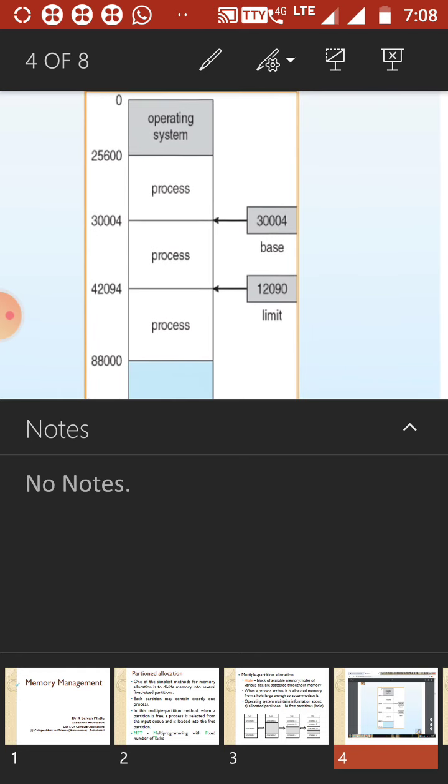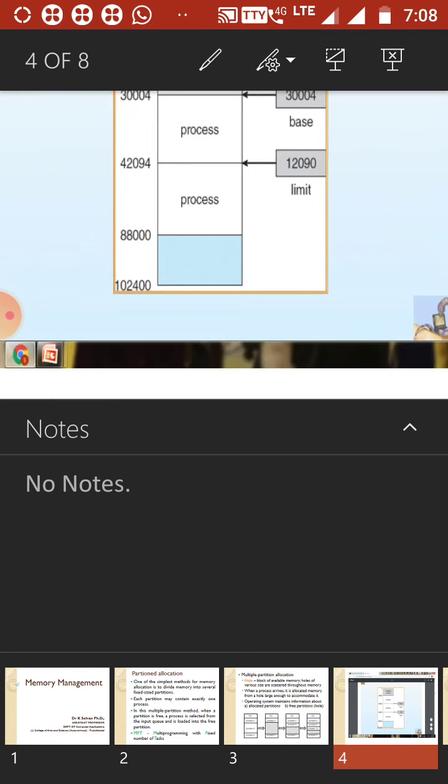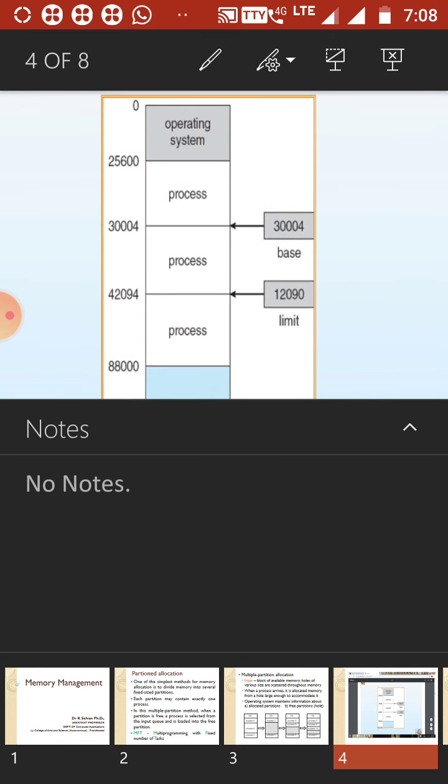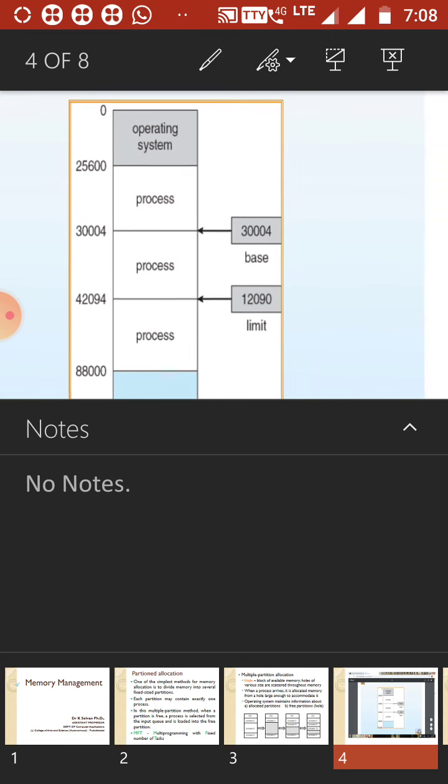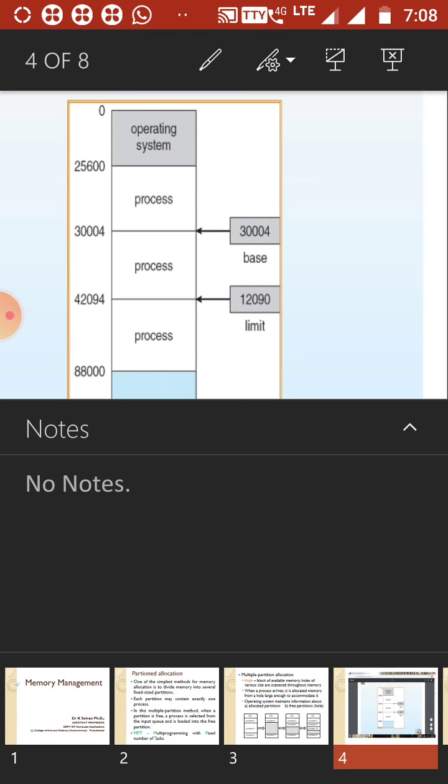So in this user memory area there are 3 programs available. The first user program occupies the locations from 25,600 to 30,004 bytes.